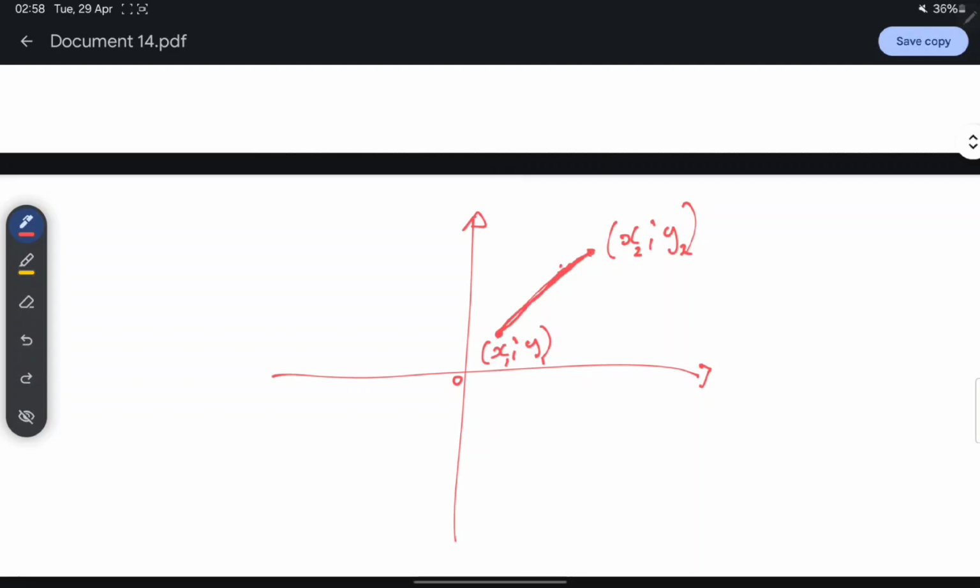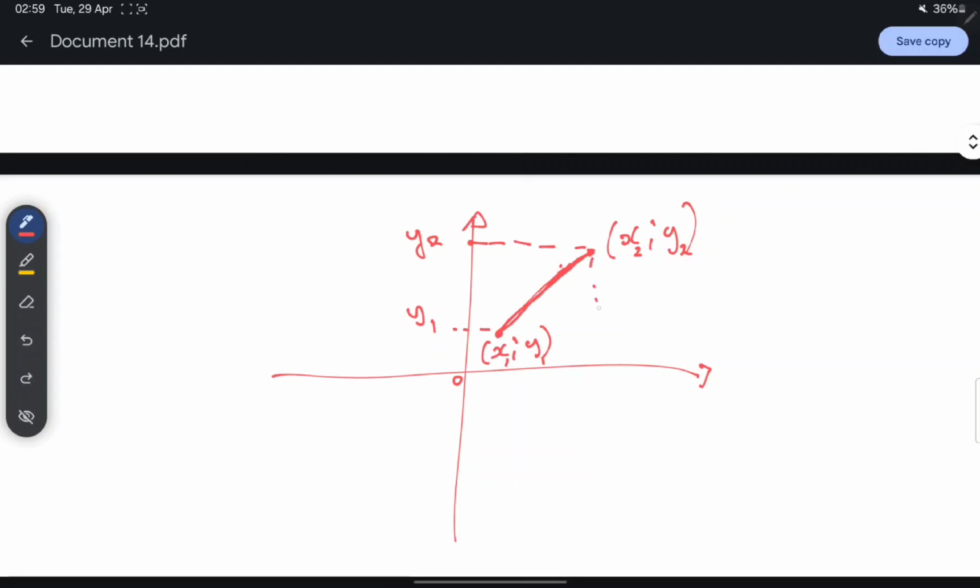In this line, we can agree that the y value is being measured here. So the y value there is y2, and the y value here is y1.